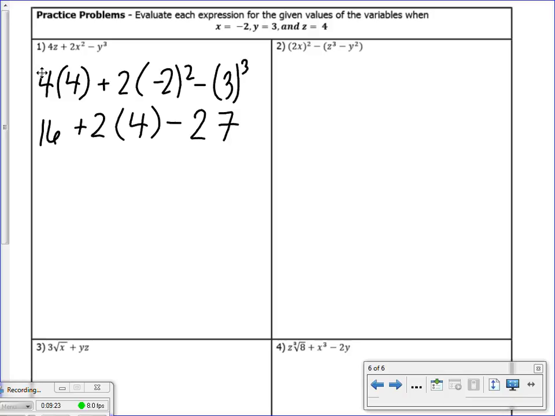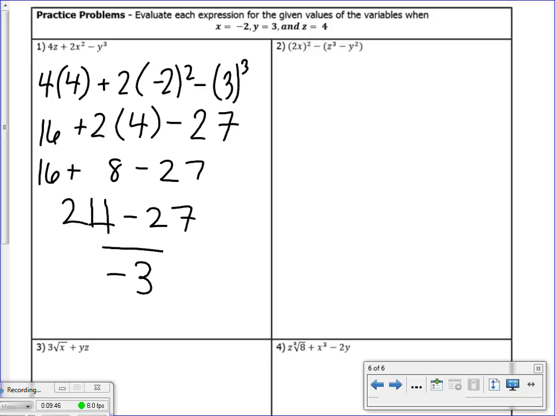And then from here, we are going to multiply 2 times 4, so we get 16 plus 8 minus 27. And now we just simply add from left to right. So 16 plus 8 is 24 minus 27, and 24 minus 27 will give us negative 3 as our answer.